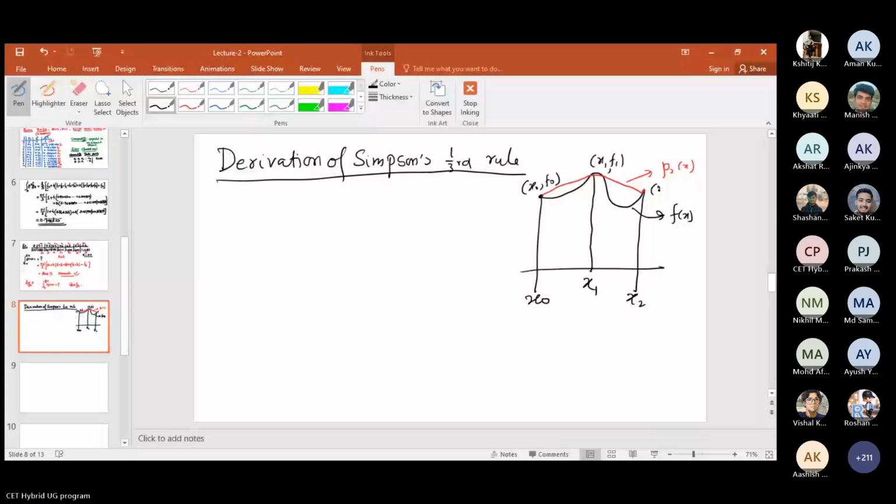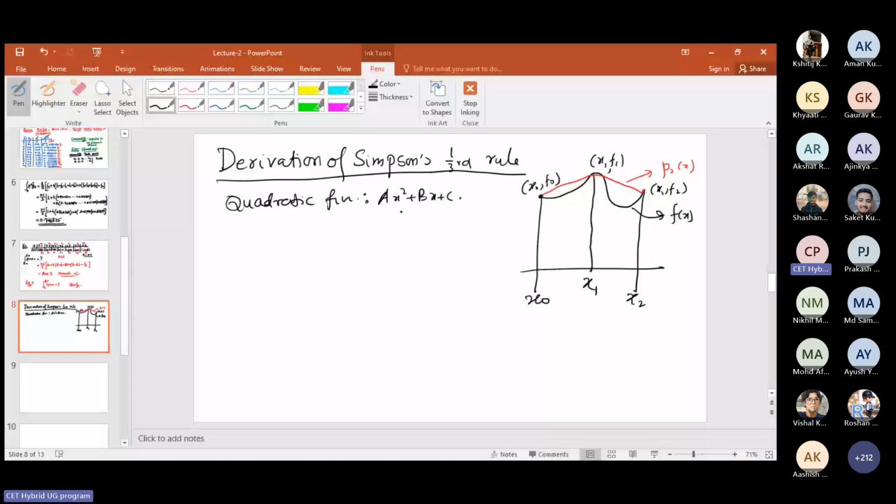Okay. Now, the first thing we do is that we want to derive a quadratic function. What is a quadratic function? A function of the form ax square plus bx plus c. But if we derive the quadratic function in this form, you will find that the integration later on will become very complicated.